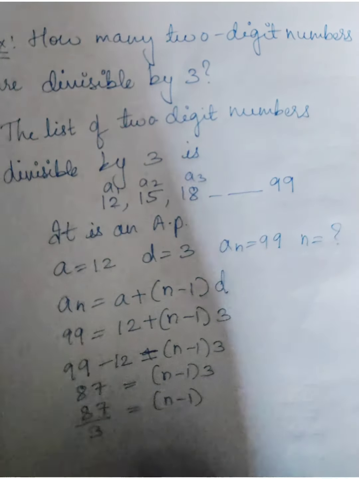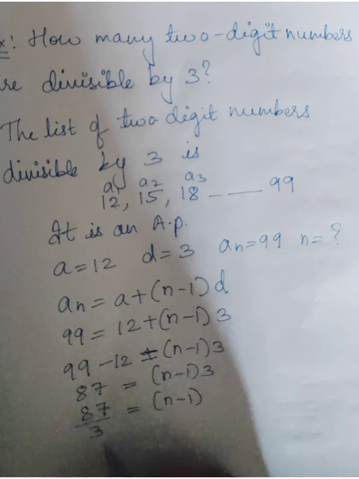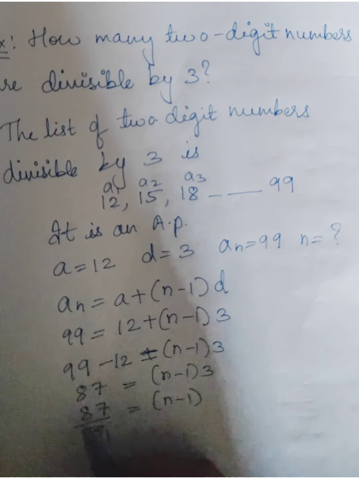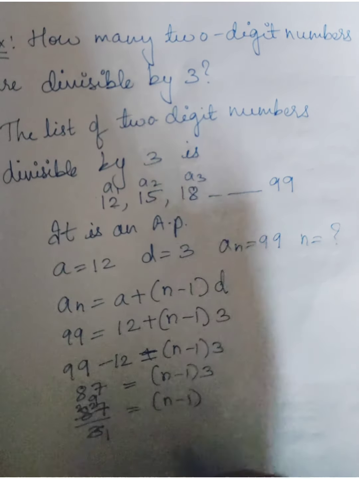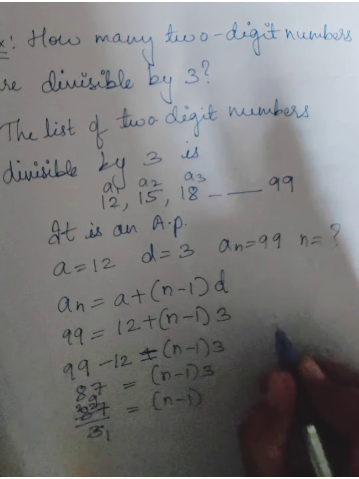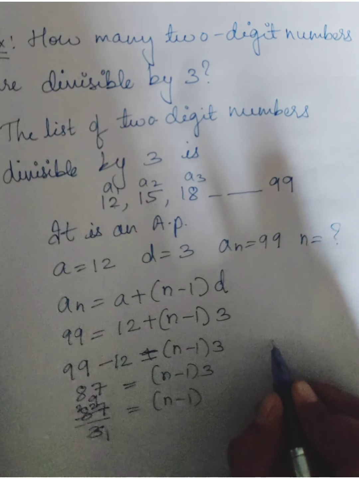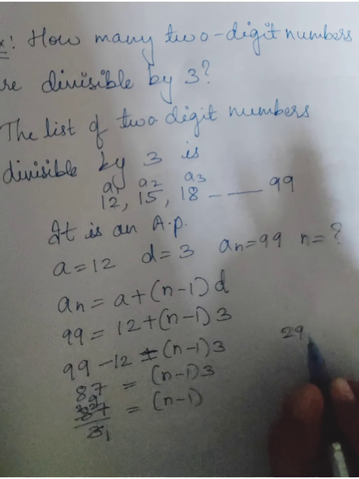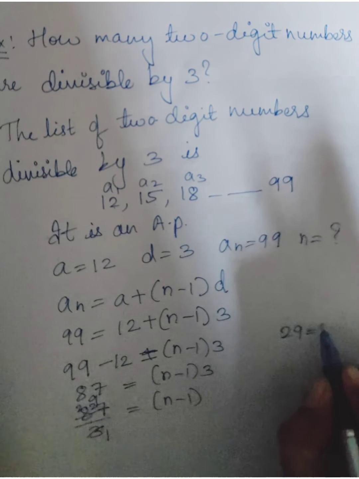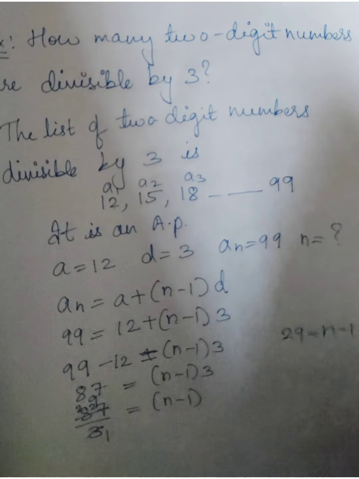Okay, so 87 by 3, how are we going to divide? 3 twos are 6, 2 is remaining. 3 nines are 27. Nothing remains here. So 29 is equals to n minus 1.